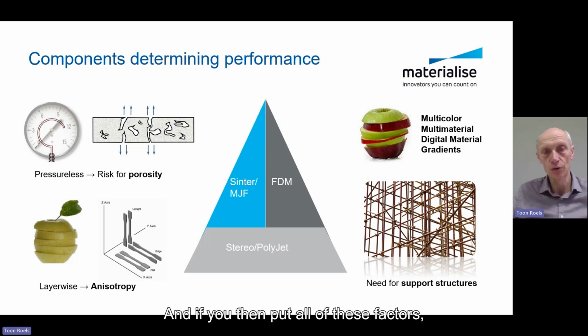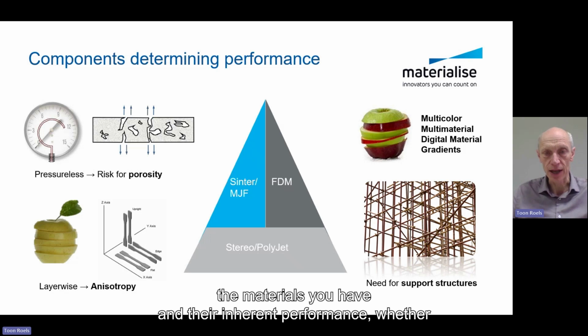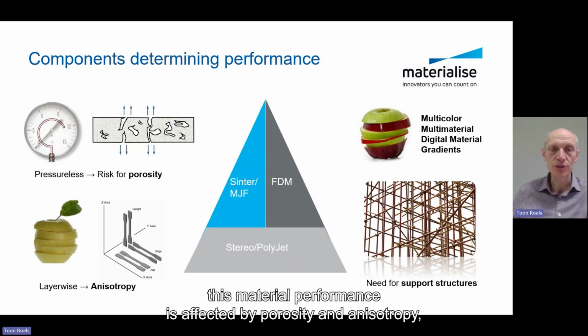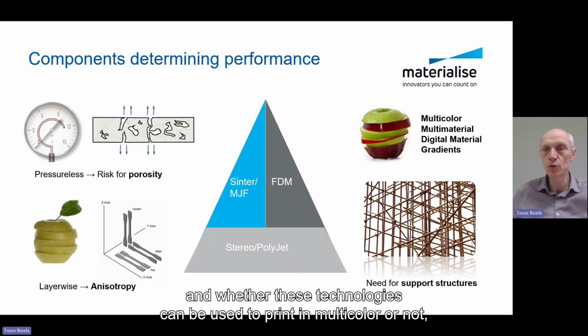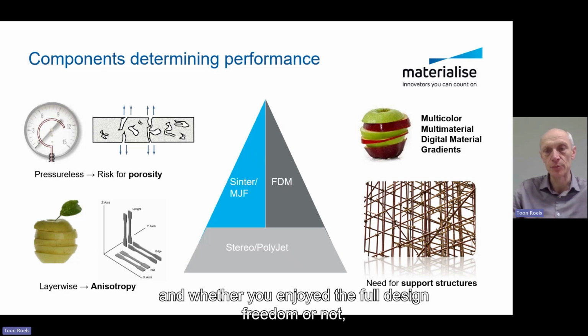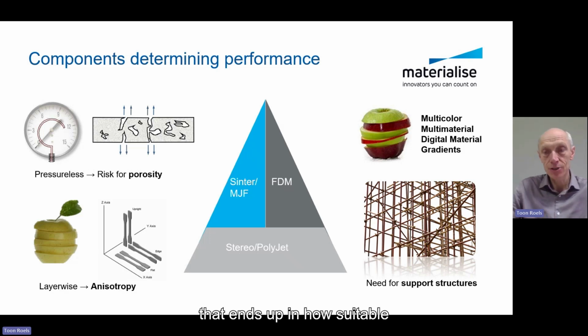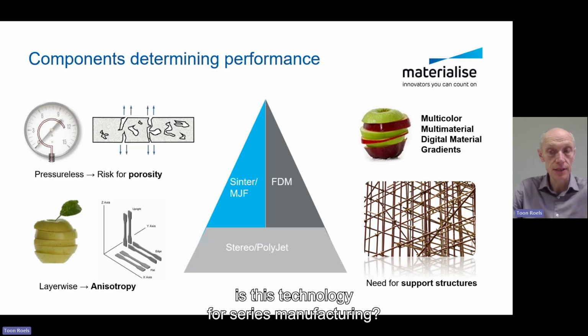And if you then put all of these factors together, the materials you have and their inherent performance, whether this material performance is affected by porosity and anisotropy, whether these technologies can be used to print in multicolor or not, and whether you enjoy the full design freedom or not, that ends up in how suitable this technology is for series manufacturing.